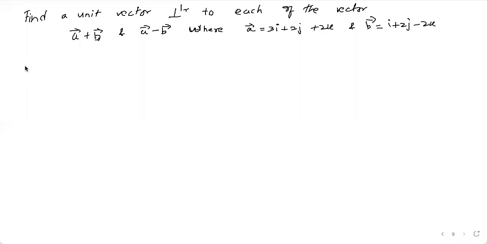So let us find the unit vector. Okay, so a plus b will add up. That is 3i plus 2j plus 2k plus i plus 2j minus 2k.